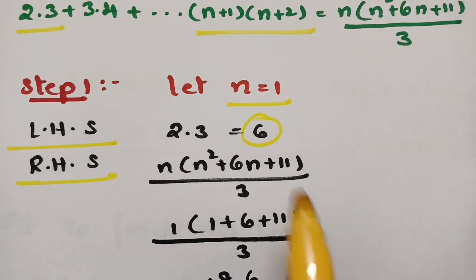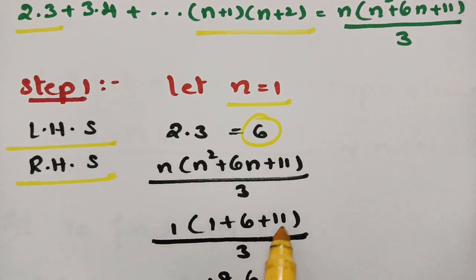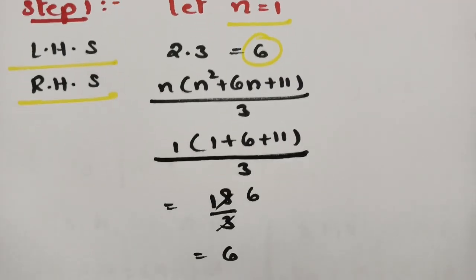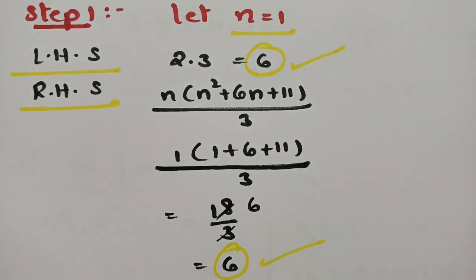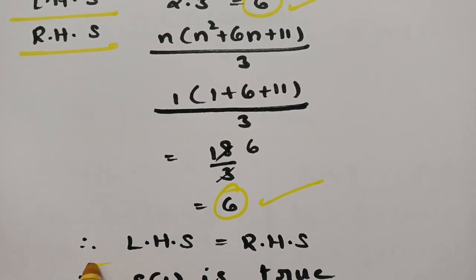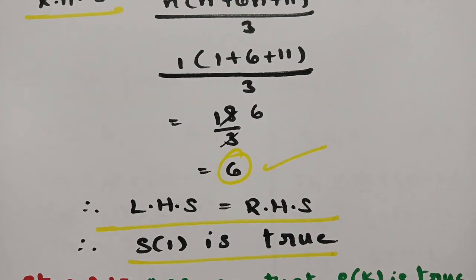If I keep n equal to 1 here, this will be 1 into (1 plus 6 plus 11) by 3, which is equal to 18 by 3, and the answer is 6. So if you see, the LHS value is equal to the RHS value, and therefore we say that the statement is true for n equal to 1. Clear?